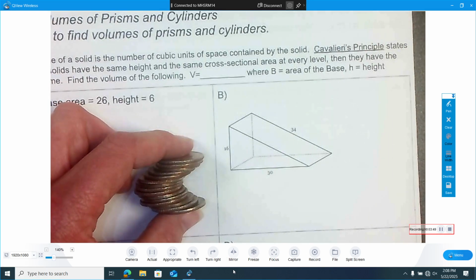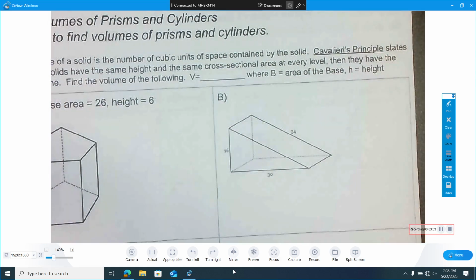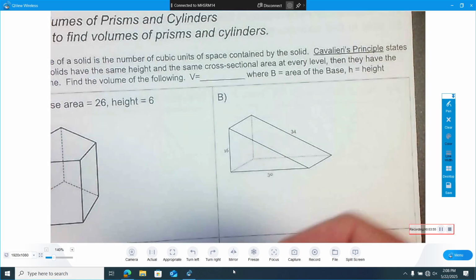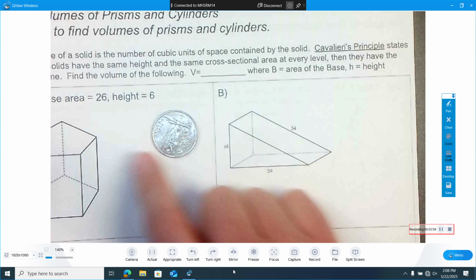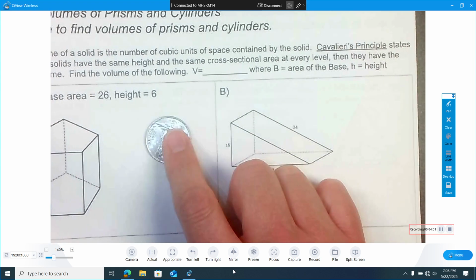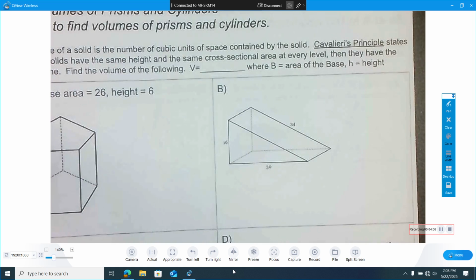Yes. This is Cavalieri's principle. It states that if two solids have the same height and the same cross-sectional area, the same size cross-section at every level, then they have the same volume. If their heights match, their volumes are going to match.